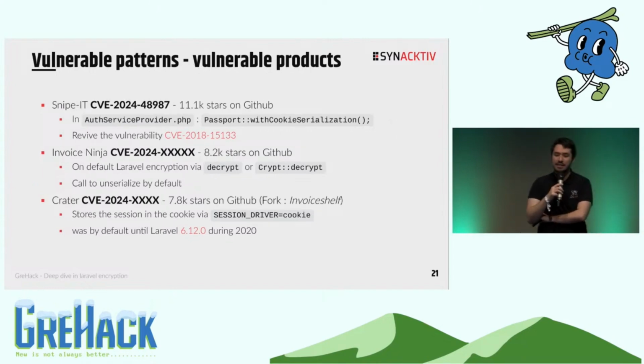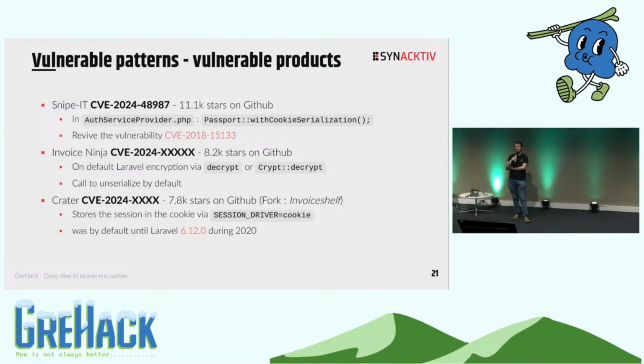There are 3 CVEs, 2 are still remaining. There are not really identifiers on them yet, but they are patched anyway, so it will only take 1 or 2 more weeks. The first one is on Snipe-IT, which has 11K stars on GitHub, one of the most used Laravel projects. And for some reason, they put back the option to cipher the XSRF cookie.